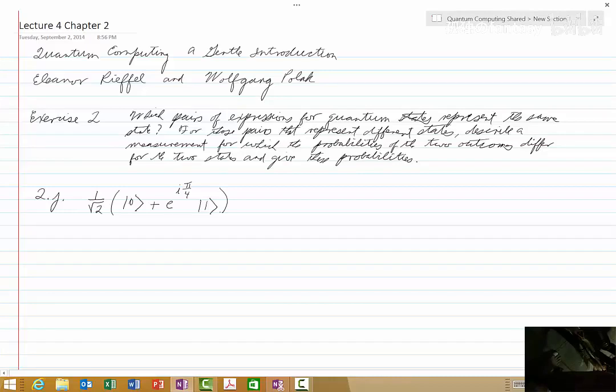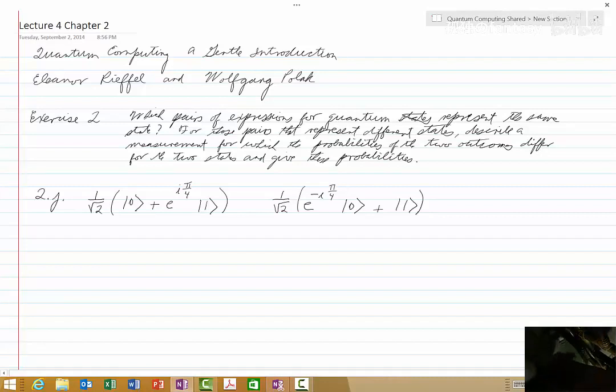This is 1, and the other is 1 over square root of 2 times e to the minus i pi over 4 times the 0 ket plus the 1 ket.